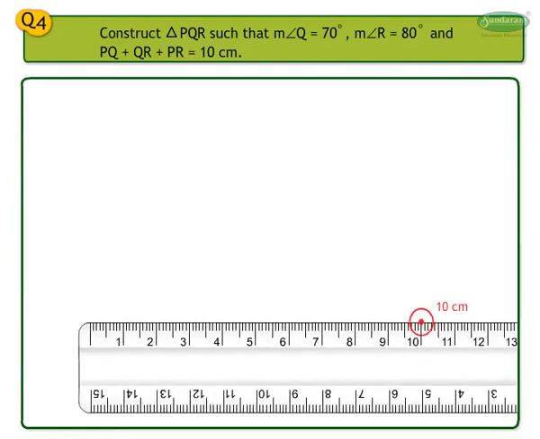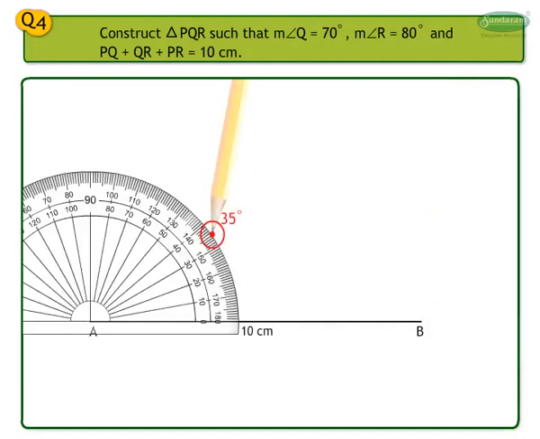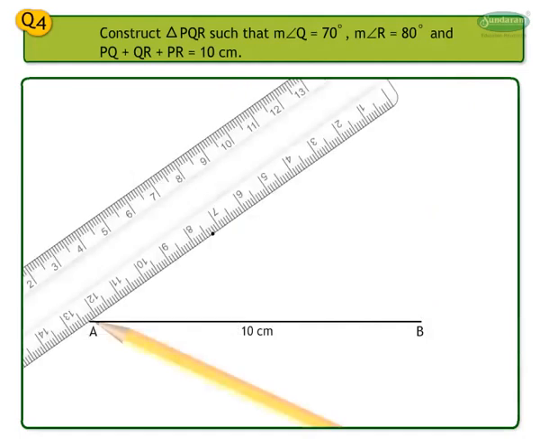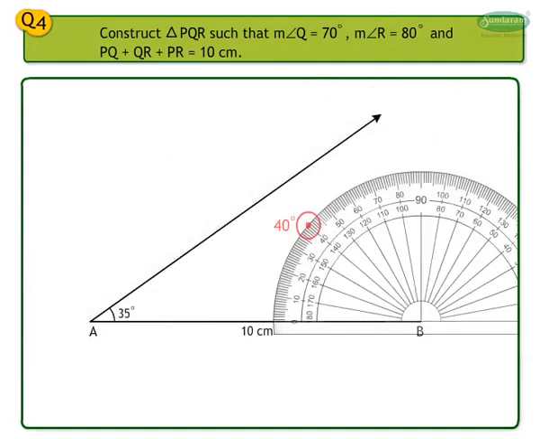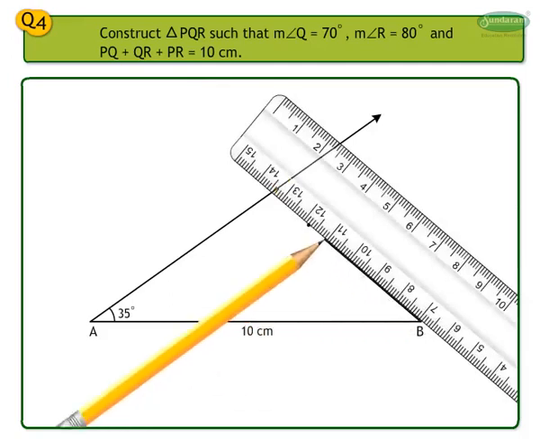Draw a segment AB of length 10 centimeters. Now draw a ray AP with A as center and measure angle A is equal to 35 degrees. Take B as center and measuring 40 degrees, draw ray BP.